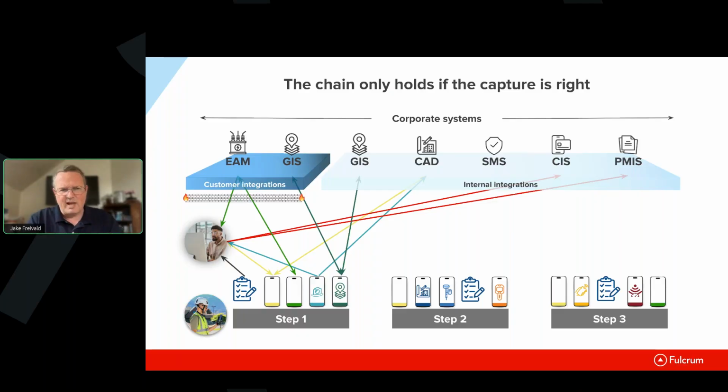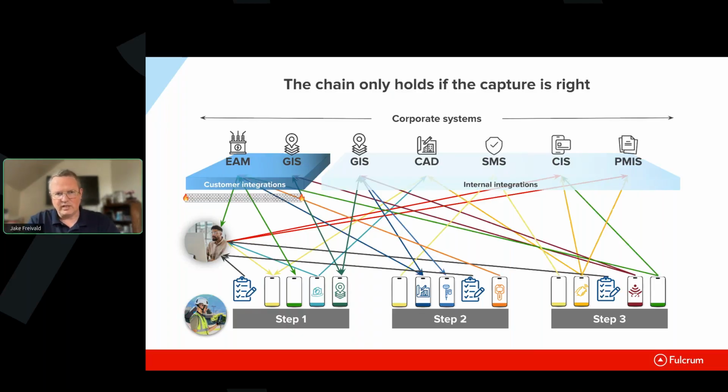So there's this huge manual step just to get the information that you need from the field into a form that can be shipped off to billing and for project management, just to know where you are and to let the customer know, hey, I've done the work, can you please pay me now? And that's just step 1. Step 2, step 3, they're all the same, right?